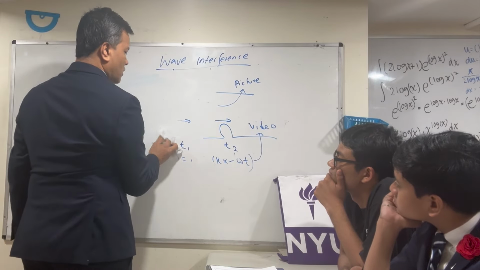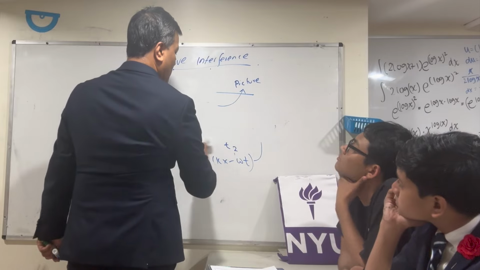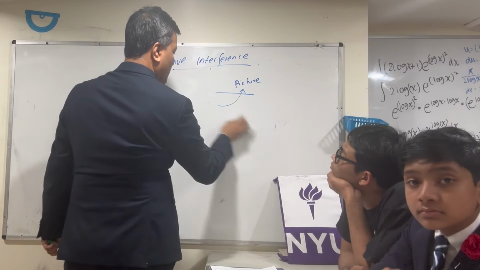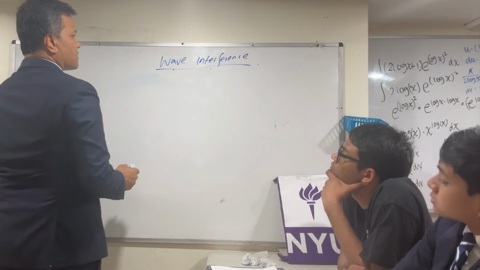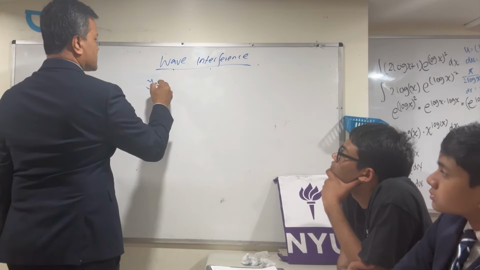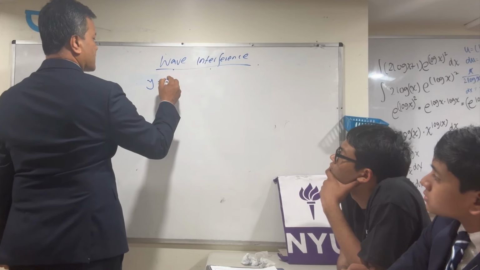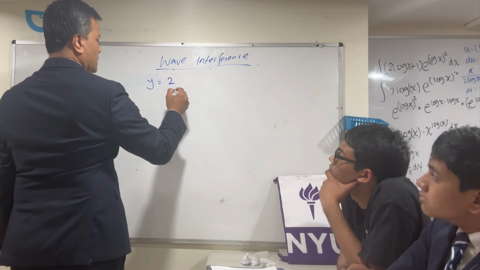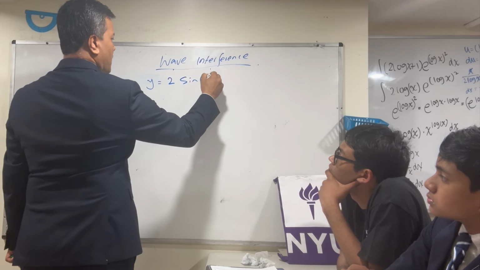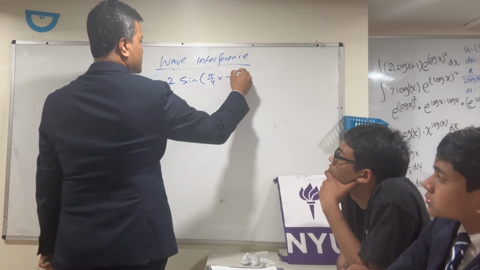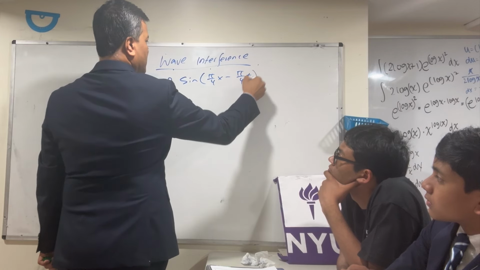I'll ask you to draw the picture version of the wave and then the video version of the wave. So y equals 2 sine of (pi over 4 x minus pi over 4 t).